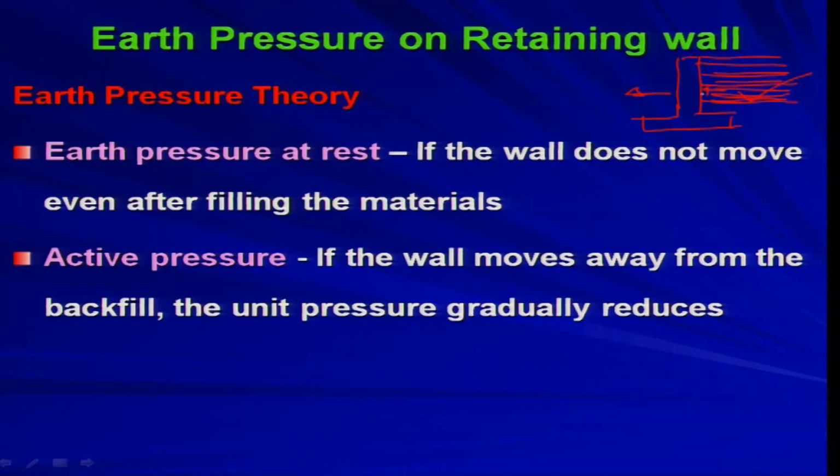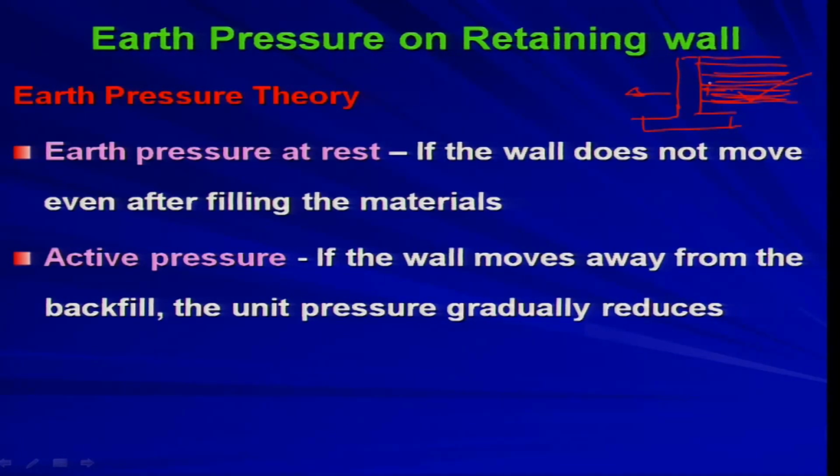So, this is the pressure exerted on the wall, and due to that pressure, if the wall starts moving away from the backfill, then that condition is known as active condition, and at that time whatever pressure is exerted on the wall will be known as active pressure. Pressure means earth pressure, as I told you, that active pressure or earth pressure at rest, whatever we are talking about, is nothing but the lateral pressure. Okay. The pressure on the wall, that means horizontal pressure on the wall.